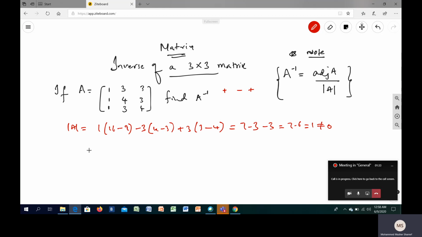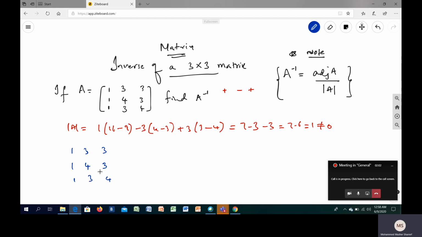Now the next part becomes very time taking, which I was talking about, the cofactors, which we will remove and find the shortcut. What you have to do is repeat your given matrix as it is. I'll write the given matrix in a different color, as it is, with the row 1 3 4.